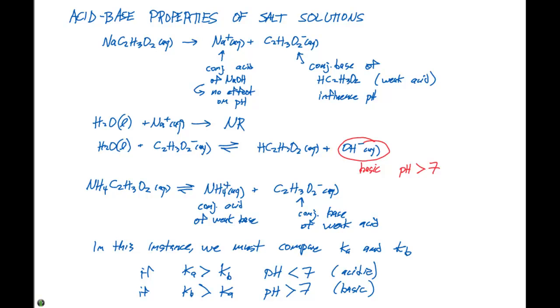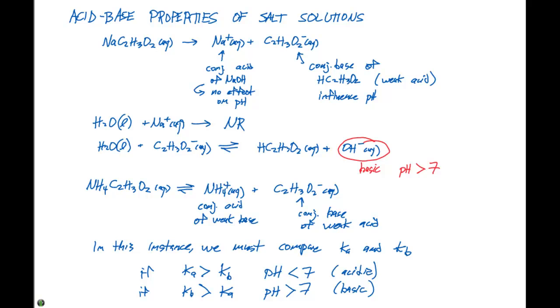So in each of these instances, if we have either the cation or the anion that comes from a strong acid or a strong base, and one that comes from a weak acid or base, we only need to look at one of the ions, just like we did in this first case, and determine the pH. But in our second example right here, if we have the conjugate acid of a weak base and the conjugate base of a weak acid, in order to figure out if it's going to be acidic or basic, we have to look at the Ka and Kb.